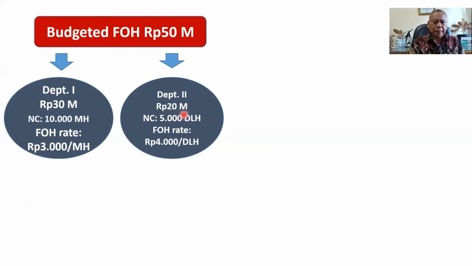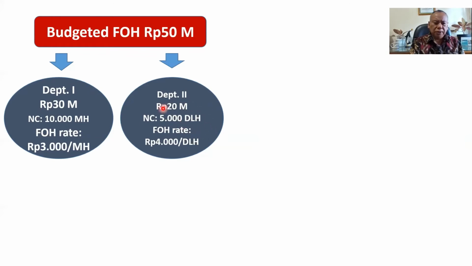And then after that, we have to find the cost driver. For example, department 1 is machine intensive, so we can use machine hour as a cost driver. And for example, department 2 is labor intensive, so we can use direct labor hours as a cost driver.